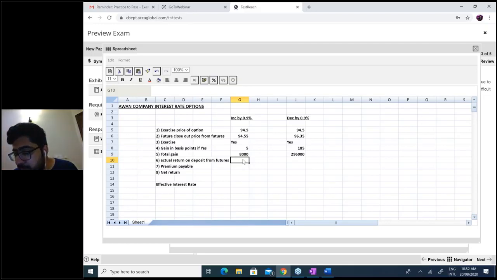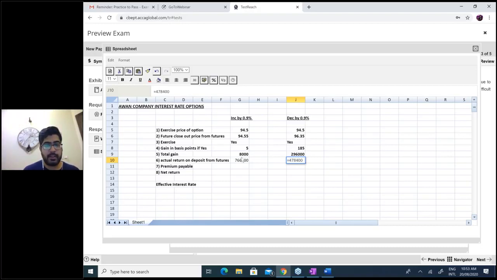In case of increase, it was 766,400, and in case of decrease, it was 478,400. If you don't want to just copy, you need to calculate it. Return on deposit is amount 48 million into, if it increases by 0.99 it becomes 4.99, into 4/12.